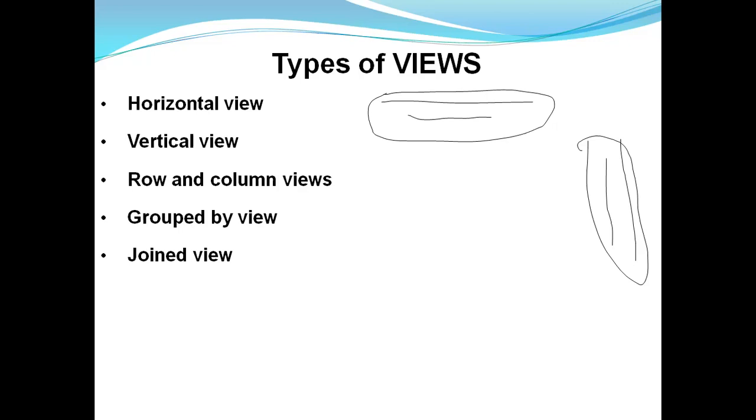Whenever we perform any join in the query while creating the view, that view will be the joined view. Simple. Horizontal, column wise difference. Vertical, row wise difference. Row and column, both are different. Grouped by, if we are using the aggregate function or a group by, then it is a grouped by view. Joined view, when you perform a join while creating the view, then it will be considered a joined view.